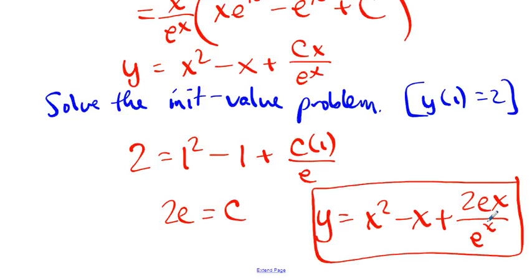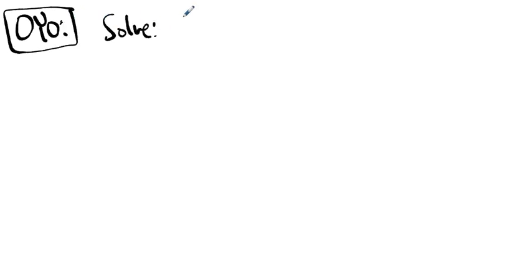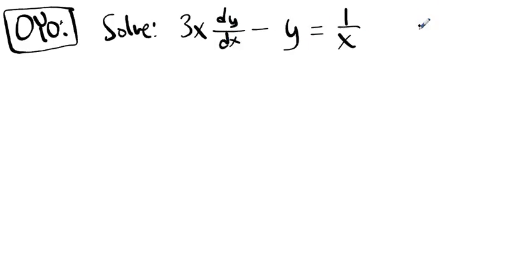Okay, it's the same thing every time. So you may want to practice, and I would applaud you for doing so. Let's solve 3x dy dx minus y is 1 over x with y of 1 equal to 0.